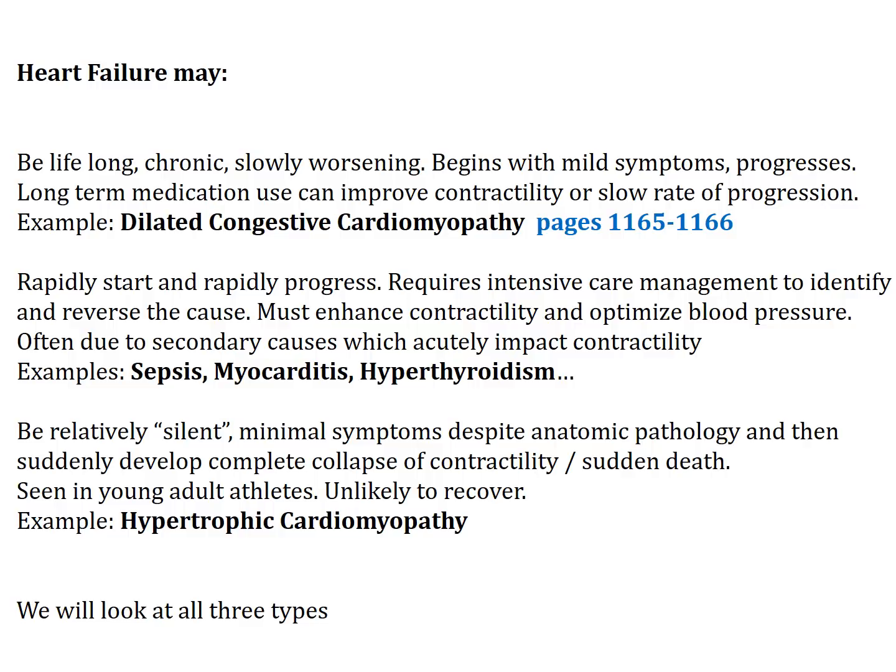And then we have some forms of heart failure that can be relatively silent, where there's anatomic pathology, the individual is relatively asymptomatic, and then suddenly they have a complete collapse of contractility and sudden death. And this is something that we see in young athletes due to hypertrophic cardiomyopathy. So we'll cover all three, but we'll spend most of our time talking about congestive dilated cardiomyopathy.